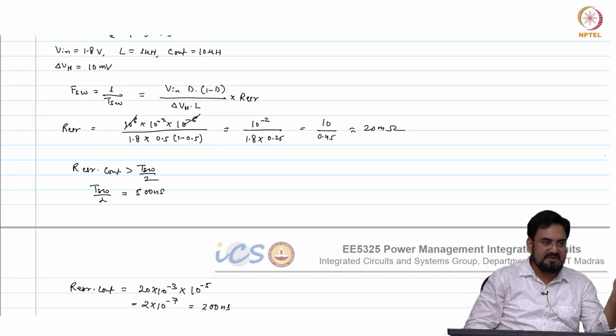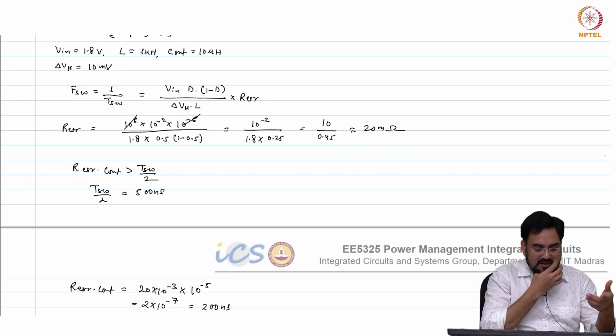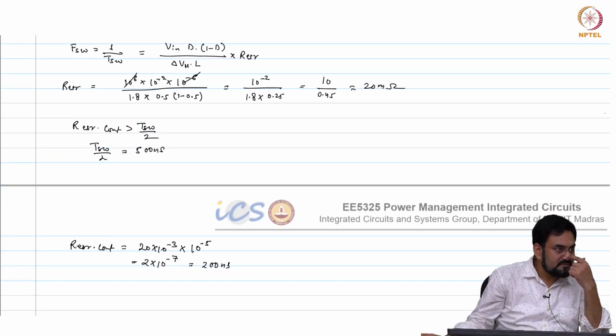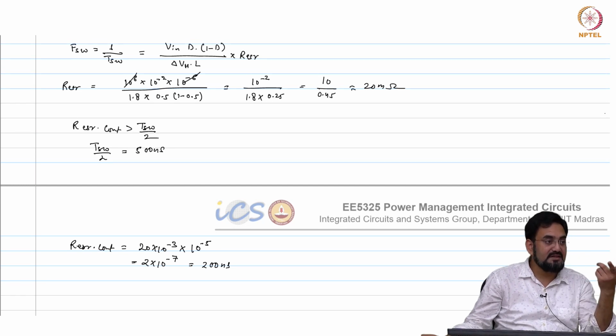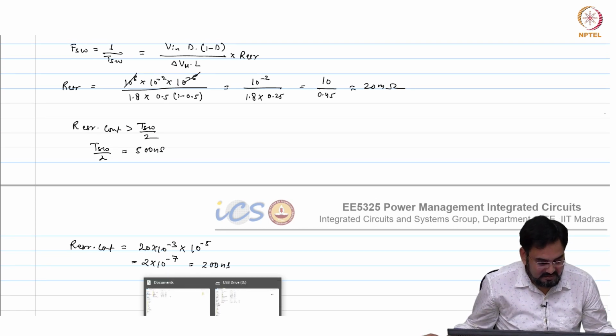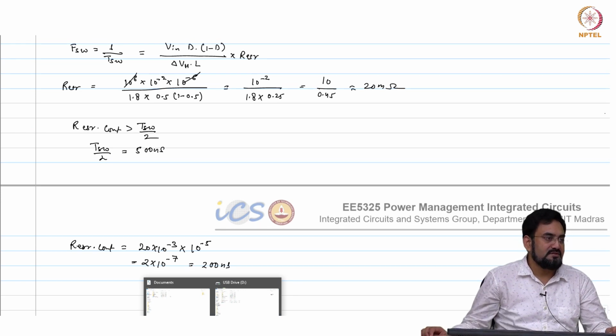So it may vary maybe 5-10%, but frequency will be a strong function of RESR here. So if you change the RESR, then it will change the frequency, but if I change the capacitor, then it may not affect your frequency much, or you change the delta VH to get the frequency back.